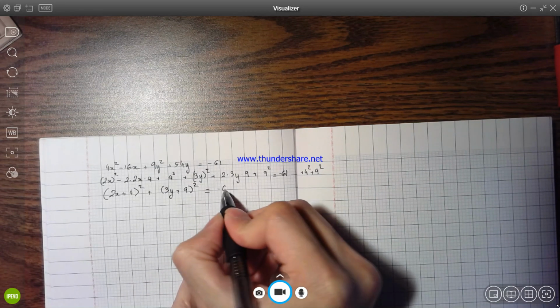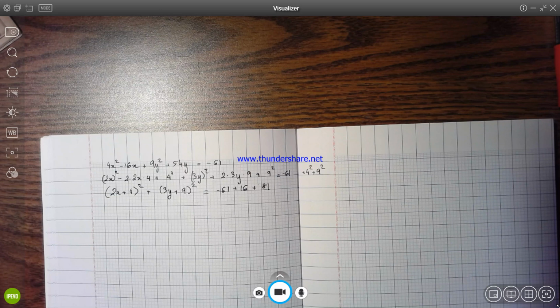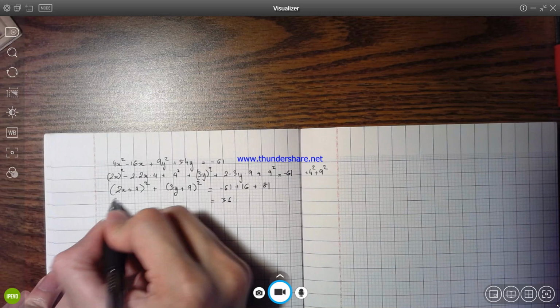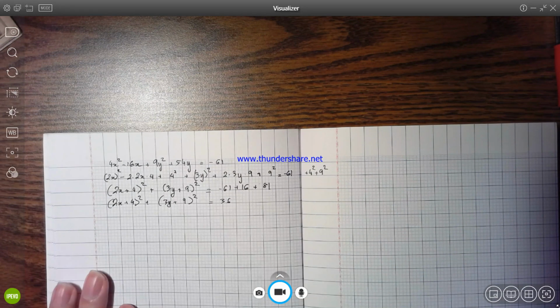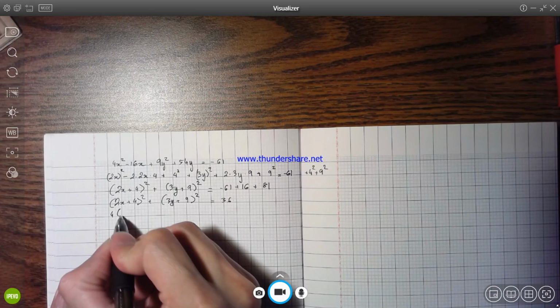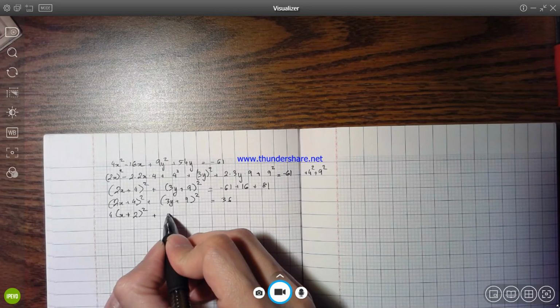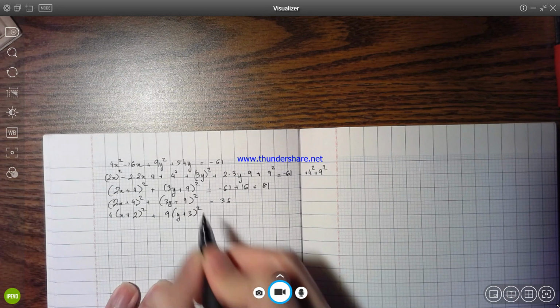And over here is negative 61 plus 16 plus 81, which gives you 36. So on the left we have (2x plus 4) squared plus (3y plus 9) squared. I'm going to factor 2 out, since 2 squared gives you 4, so we have 4 times (x plus 2) squared, plus factor 3 out, and 3 squared gives you 9, so we have 9 times (y plus 3) squared.